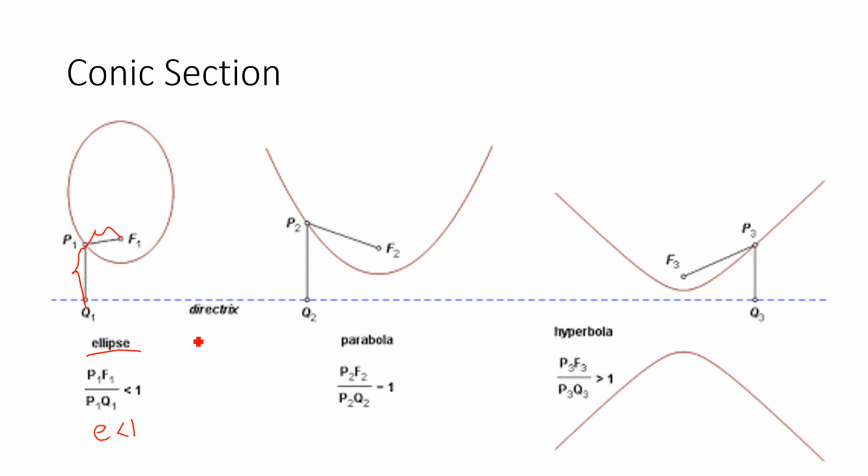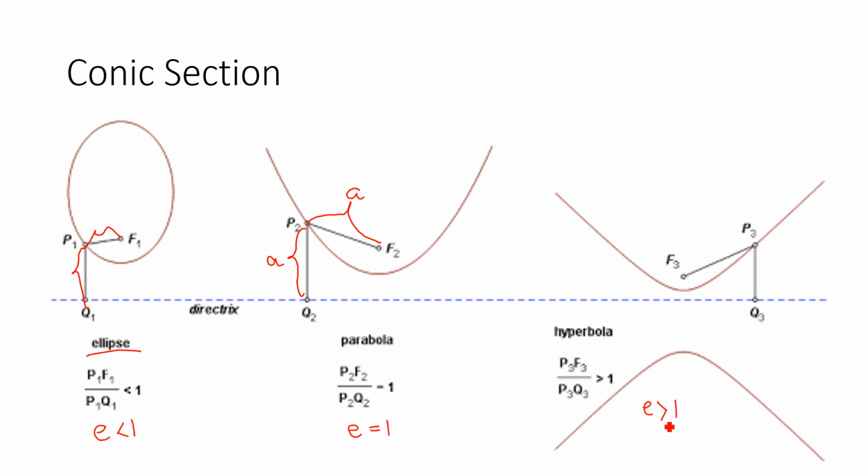If the eccentricity is equal to 1, therefore this line and this line are equal, so it is a parabola. If the eccentricity is greater than 1, then it is a hyperbola.